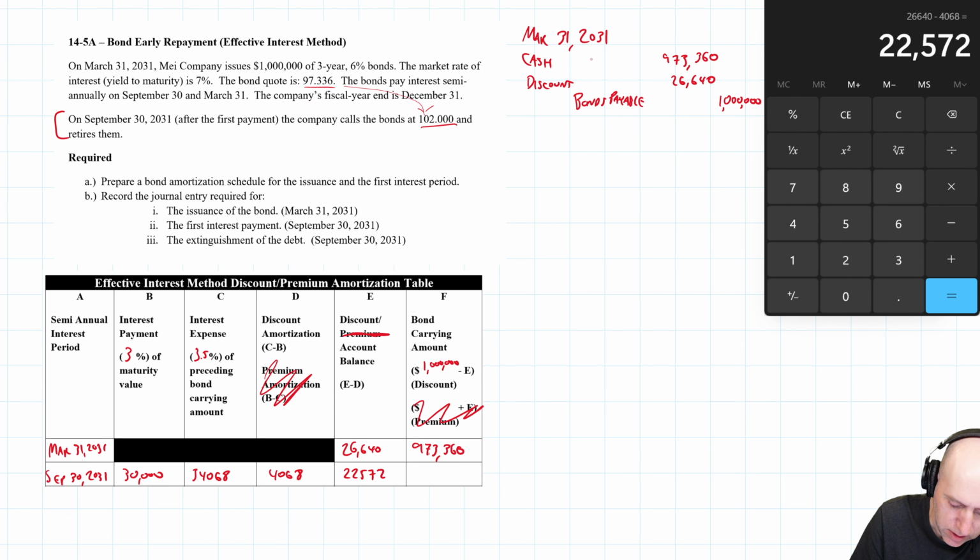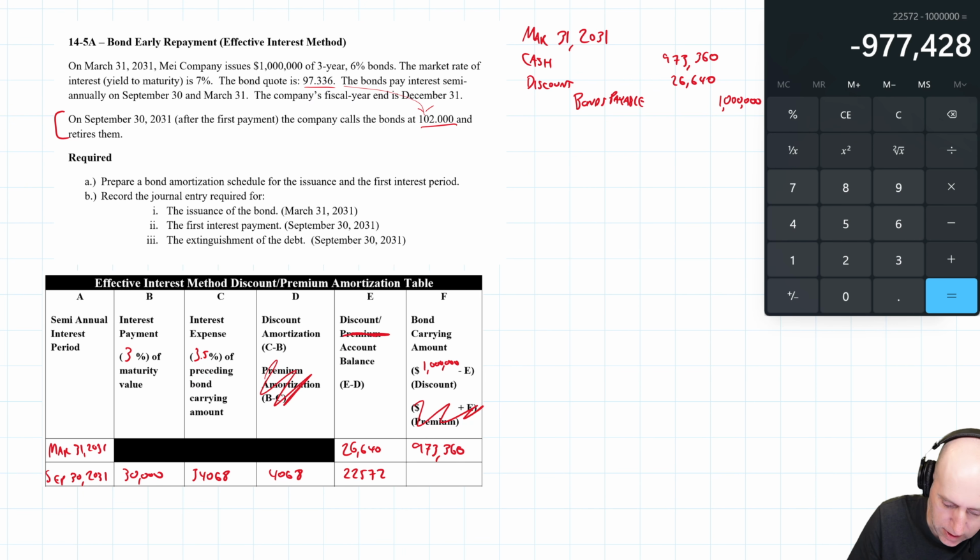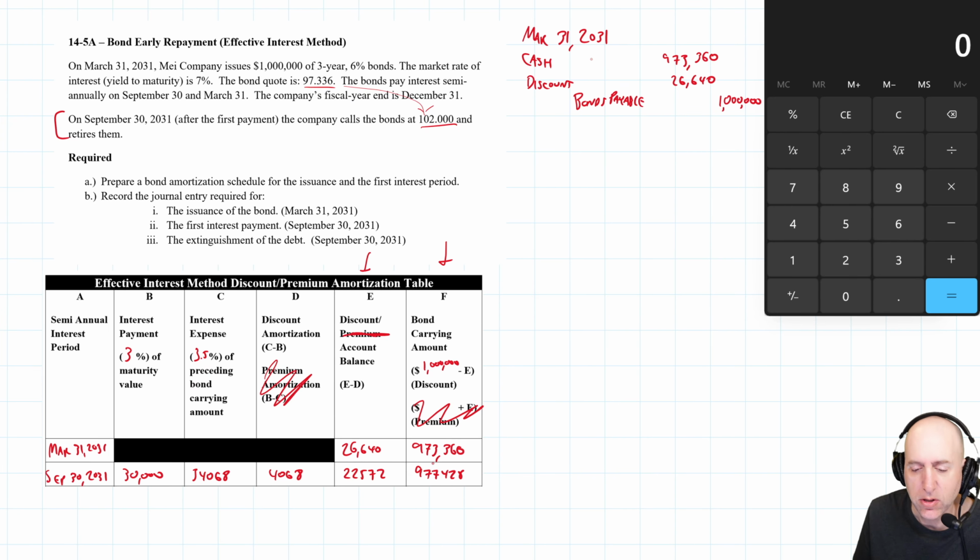And last, $1 million minus 22,572 is 977,428. Okay, so we're expecting, again, this discount account balance to get smaller and smaller, the bond carrying amount to get closer and closer to the face value, closer and closer to $1 million. Certainly that is happening here.